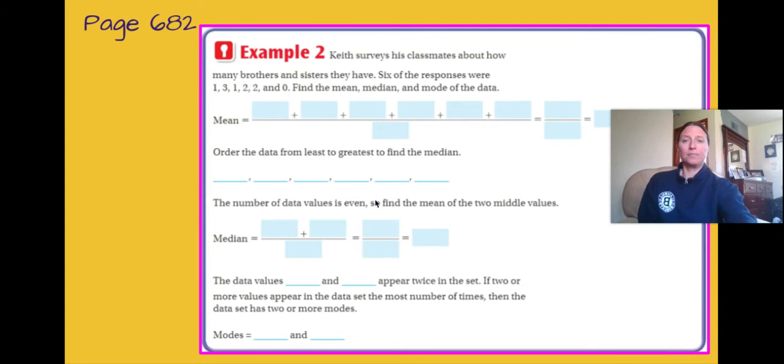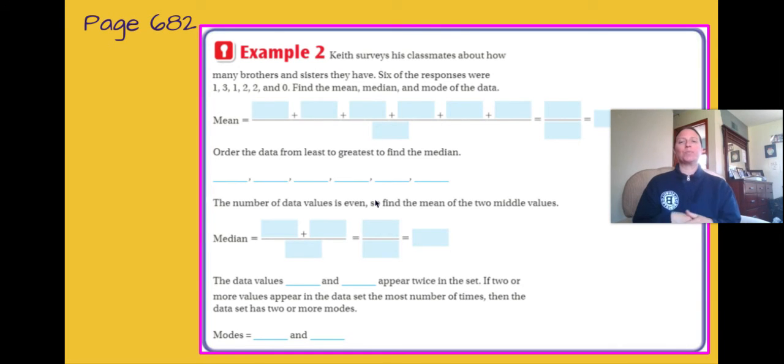So mean, again, you add up all of the data points and divide by the amount of numbers that are in the set. For median, list from smallest to greatest. And then, since this is an even set, you take the middle 2 numbers, add them together, and divide by 2.